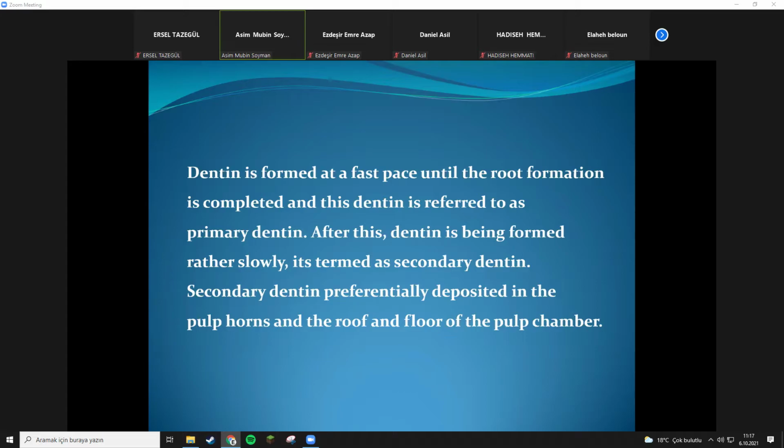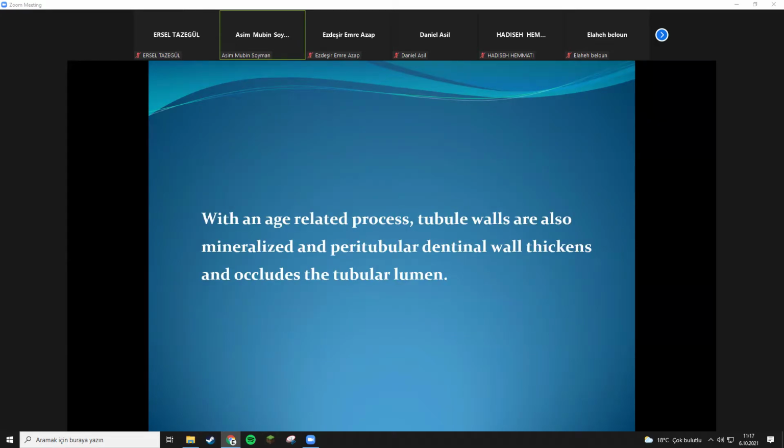Secondary dentine is preferentially deposited in the pulp, forming the roof and floor of the pulp chamber. And I believe this knowledge will be repeated in your histological courses. With an age-related process, tubule walls are also mineralized and peritubular dentinal wall thickens and occludes the tubular lumen.